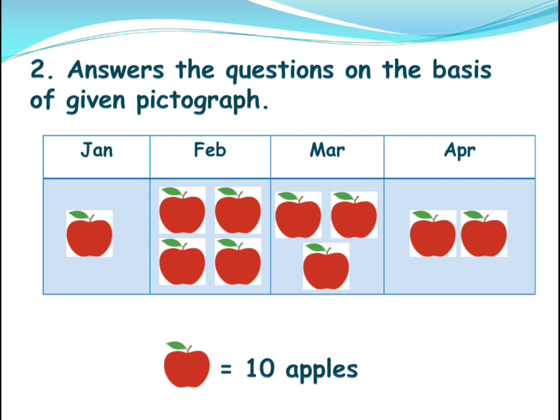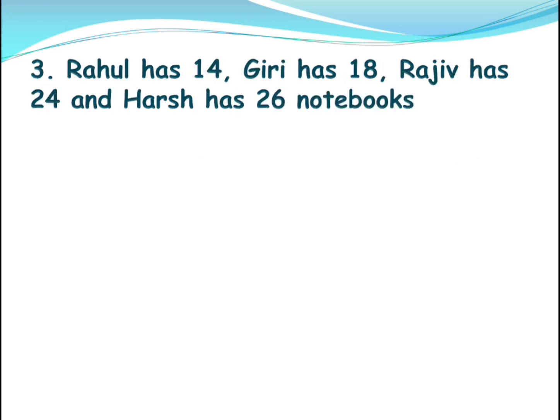We have done in the table how to sort the information. Now let's see how to put the same information in a pictograph. So Rahul has 14, Giri has 18, Rajiv has 24, and Harsh has 26 notebooks. Now we have to make this information into a pictograph.